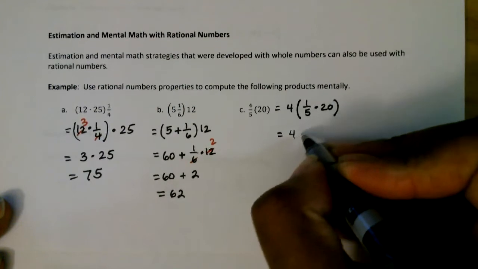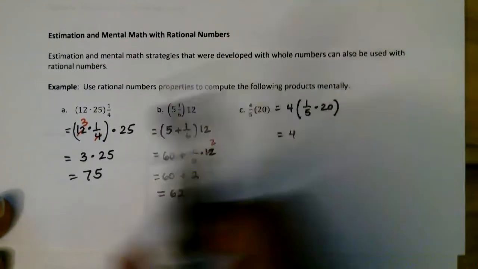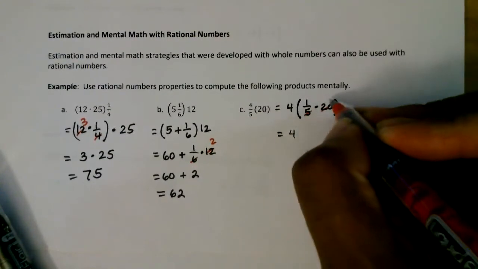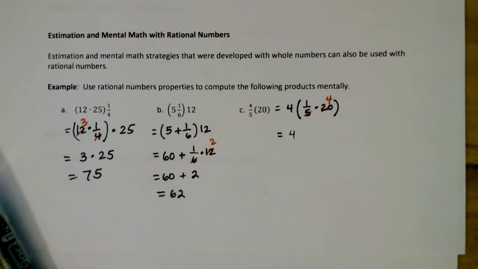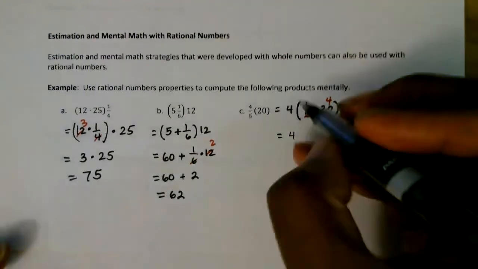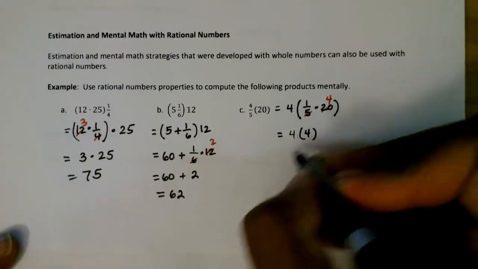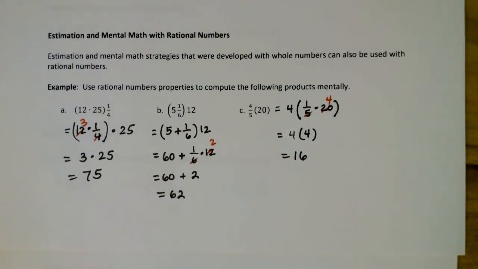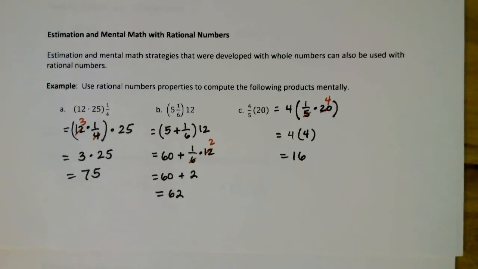So I have 4 times 1/5 of 20, or do this, 5 goes into 20 4 times. And then 4 times 4 would be 16. Okay. So that's how we can use mental math to compute these numbers.